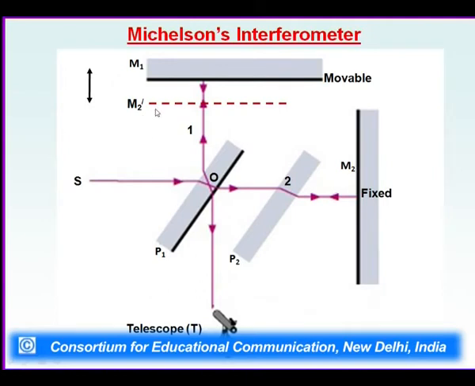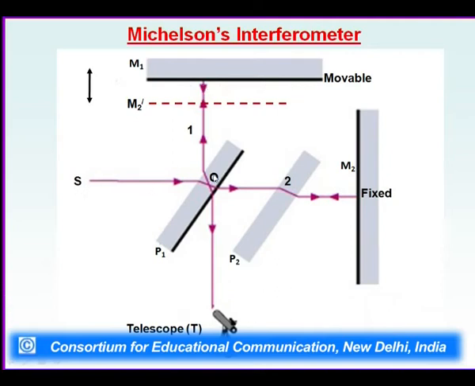This M2 dash is the virtual image of mirror M2. The image of this mirror will be parallel to mirror M1, but in actuality the two mirrors are perpendicular to each other, with one fixed and one movable. The image of mirror M2 should be parallel to mirror M1 to get the interference pattern.